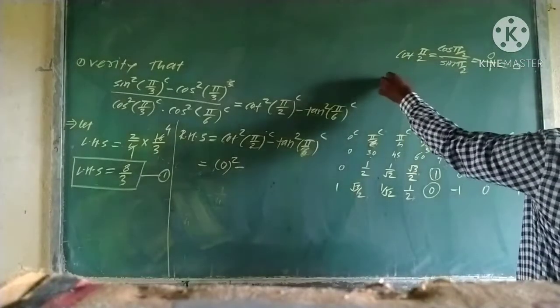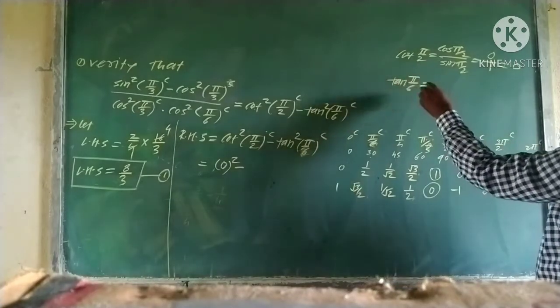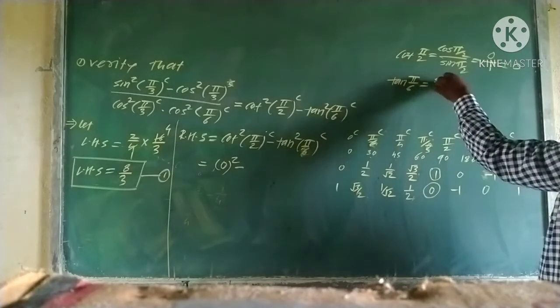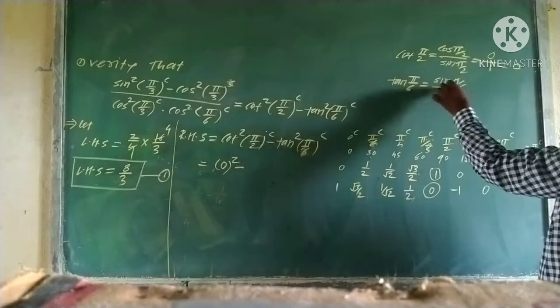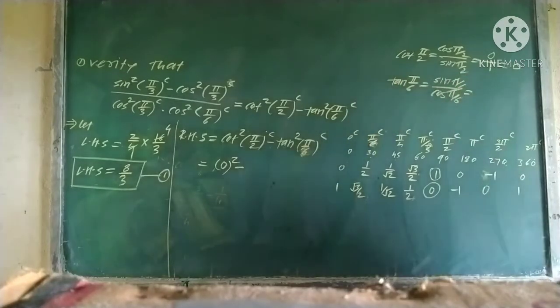We know the relation between trigonometric functions: tan of pi upon 6 is equal to sine of pi upon 6 divided by cos of pi upon 6. Now here we put in the values.